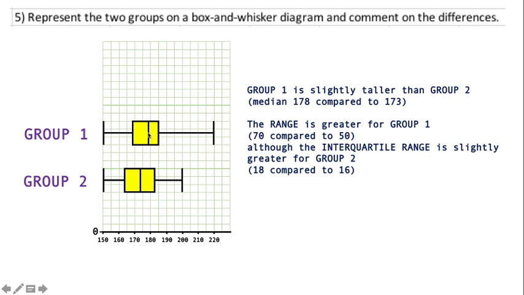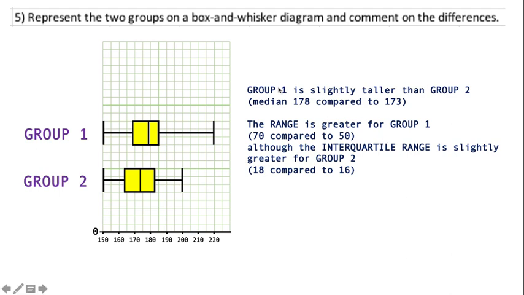So in this case, group 1 is slightly taller than group 2, and you can see that from the median, for example. And then the other thing you're looking at is the range of the data, so how spread out the 2 groups are. So a good answer to a question with a box and whisker always involves the central location of the data, which group's bigger, and the spread.